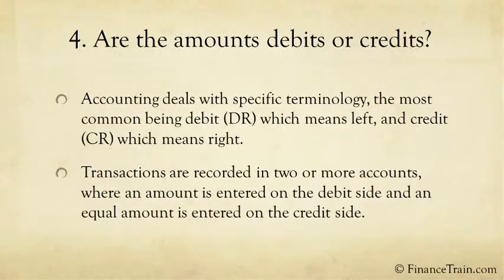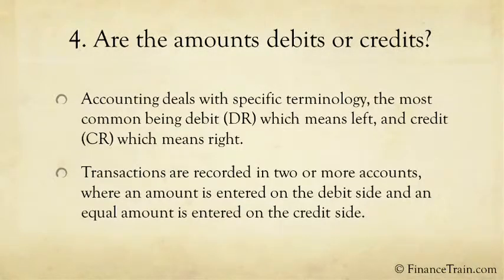By now, we know which accounts are affected by a transaction and whether the accounts are increasing or decreasing. We need to convert this knowledge into the language of accounting. Accounting deals with specific terminology, the most common being debit, which means left, and credit, which means right. For example, debit the amount of rent means that the amount for rent is recorded on the left side.